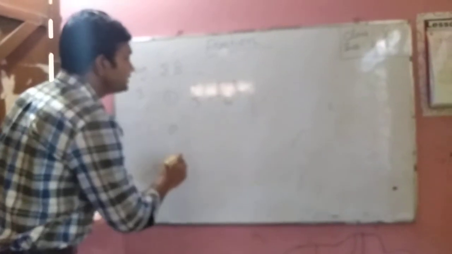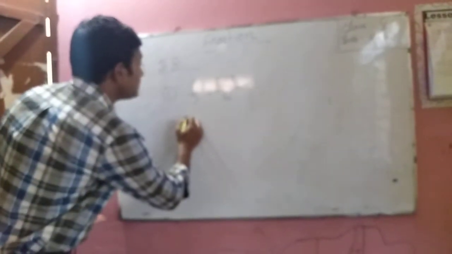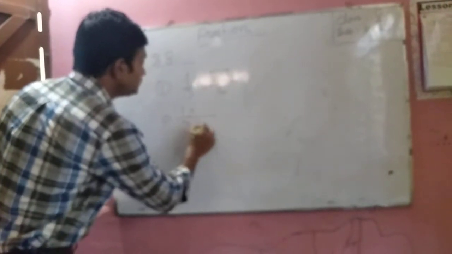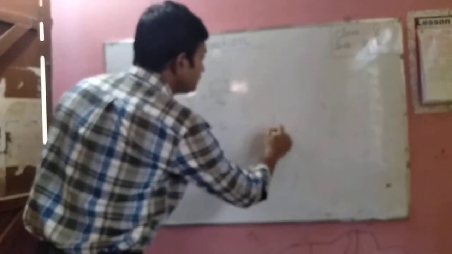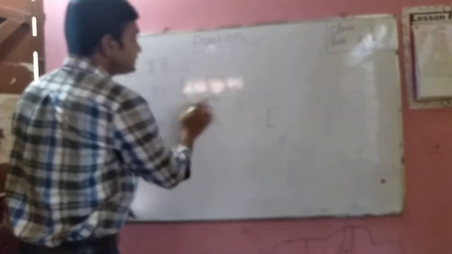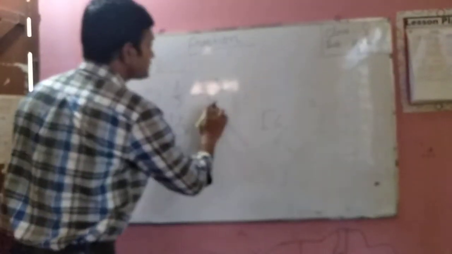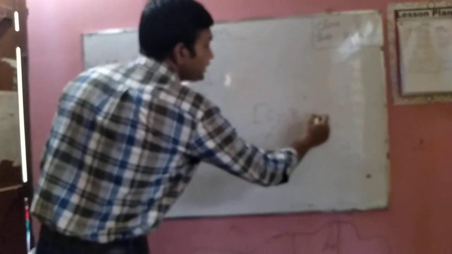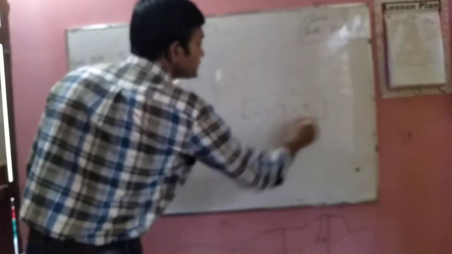You can write this way: 1/3 into, look here, 6. The denominator is 6 and here is 3, so you have to divide 6 by 3, it is 2.